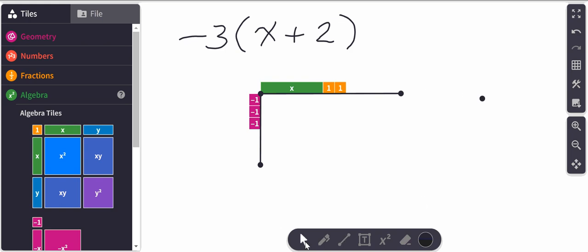So when you think about this, negative 1 times x, you're actually going to end up with negative x, right? You're going to end up with the opposite. Negative 1 times 1, you're going to end up with negative 1. So whenever you multiply by a negative, right, you get the opposite. So I'm going to copy that.